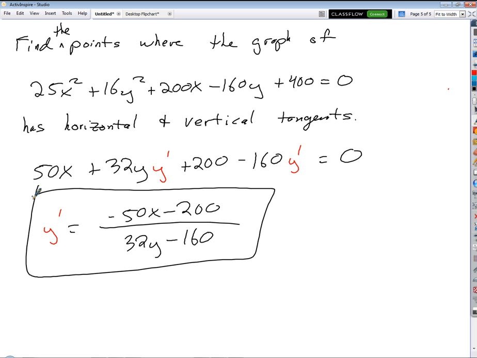Okay, so now I've got some pointed questions for you. If I have this, it's called a rational function, right? Only x is on the top and y is on the bottom. So when is a ratio or a fraction equal to 0? When the numerator is 0, right?